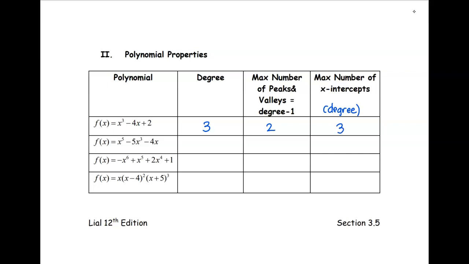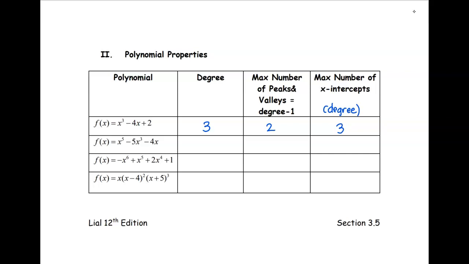So we use a maximum number because the number of x-intercepts does not always equal the degree of the polynomial. One polynomial that we already discussed is a quadratic function. We have seen that the degree of a quadratic function is 2, and the x-intercepts could either be 2 or 0.